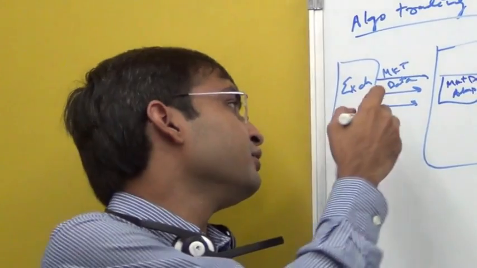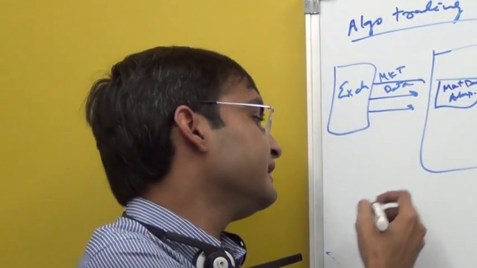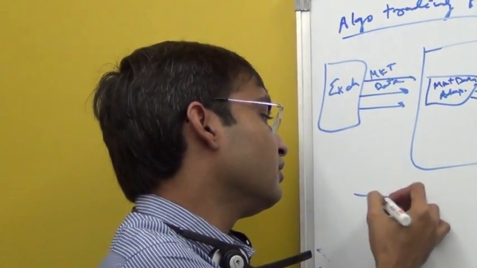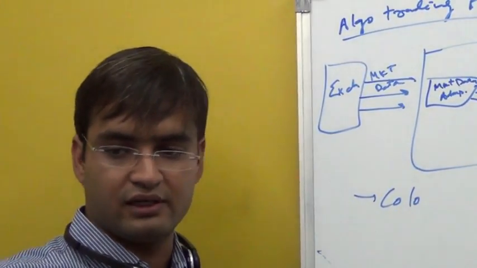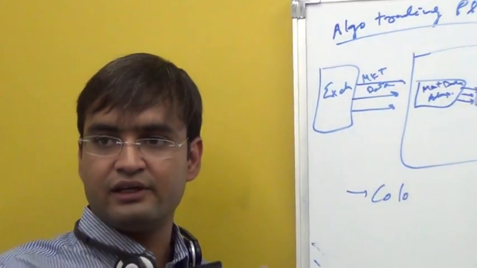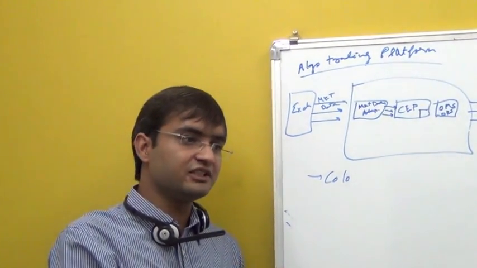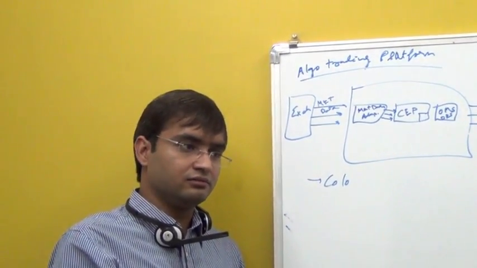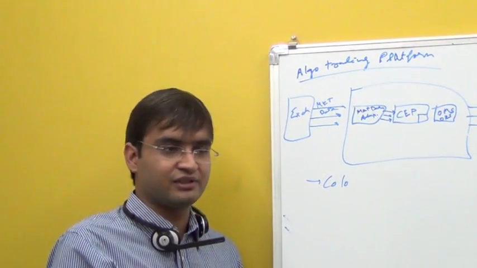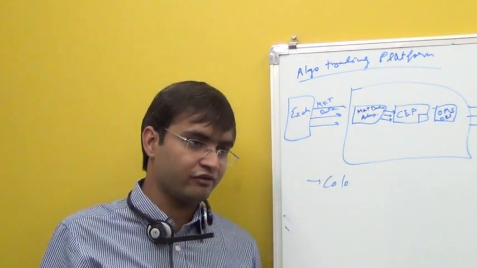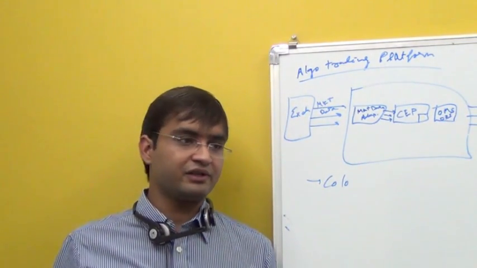Then you can have your servers either in your own location or in colo. What do we mean by colocation? Colocation is putting a server into the exchange's premises, on the exchange's LAN, so the latency is reduced. If I am sending an order from Goregaon, there would be about 3 to 3.5 milliseconds latency.